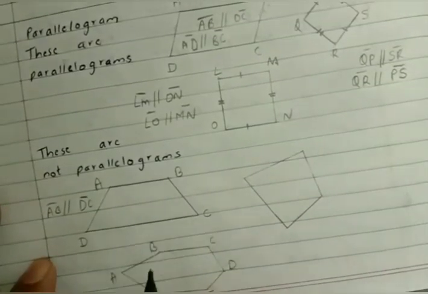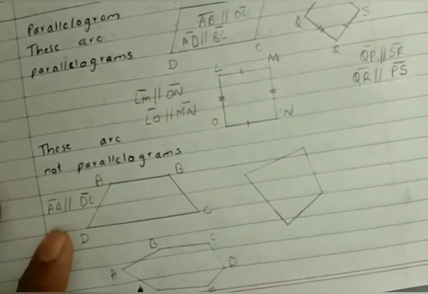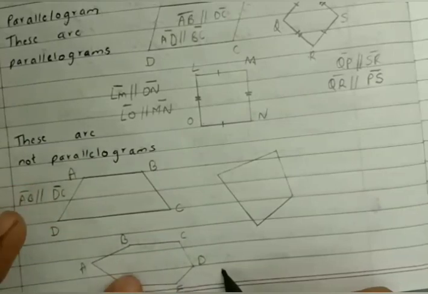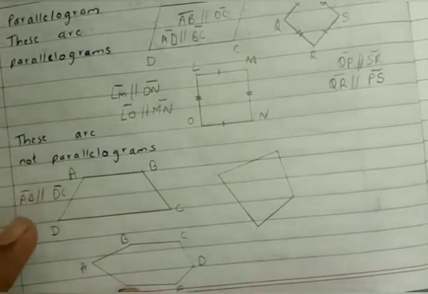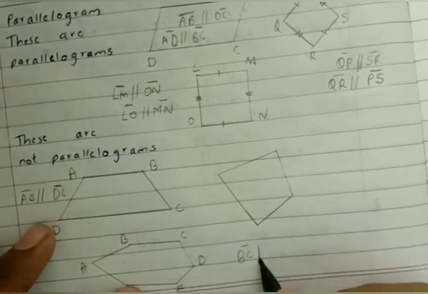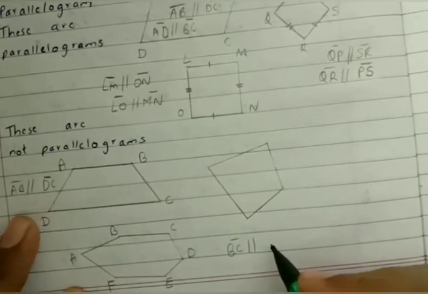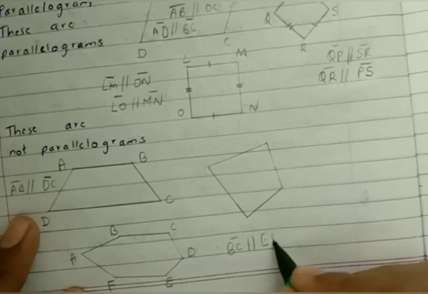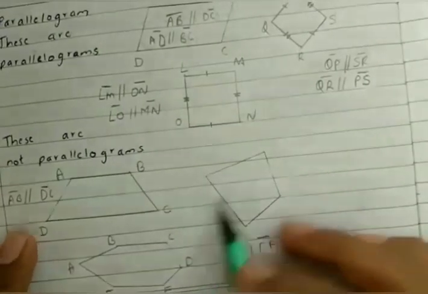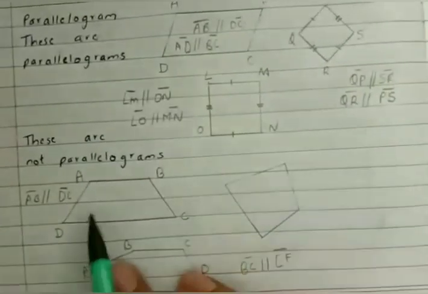Here only one side is parallel. AB and ED are not parallel. Neither is CD parallel to ED. BC is parallel to EF. Only one side is parallel. Here nothing is parallel. So these are not parallelograms.